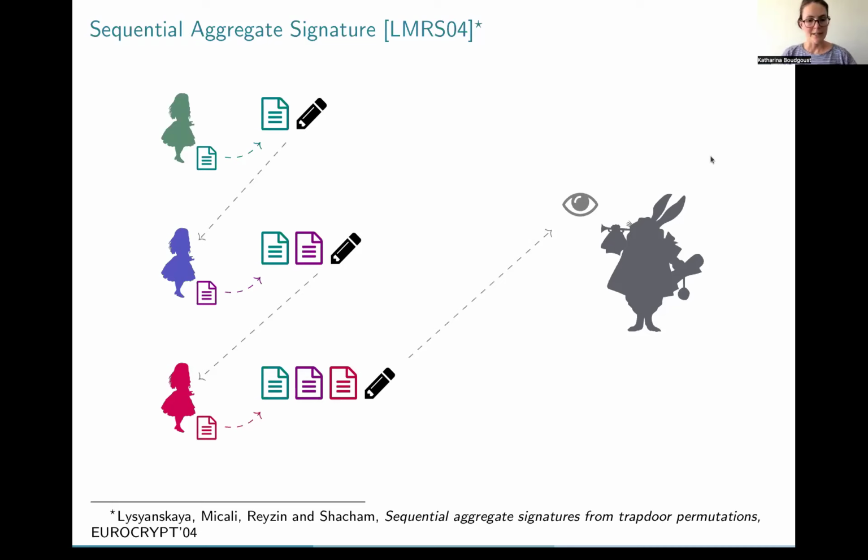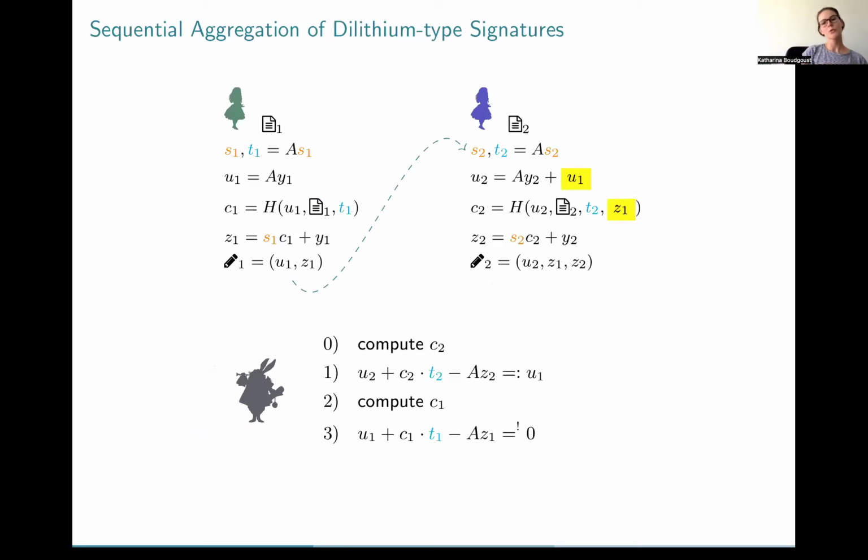And this concept has actually been introduced in the early 2000s by Lysyanskaya, Micali, Reyzin, and Shacham. Okay, so what can we do with the Dilithium-type signatures with what I said before? Well, the idea is that the first Alice will compute her signature completely independent of all the others.